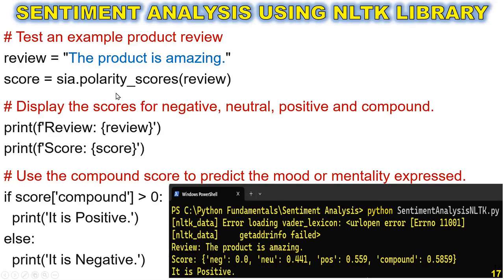If we run this Python code and test that example product review, the product is amazing, it will display the following scores on the console window. The negative sentiment is 0. Neutral has 0.441.